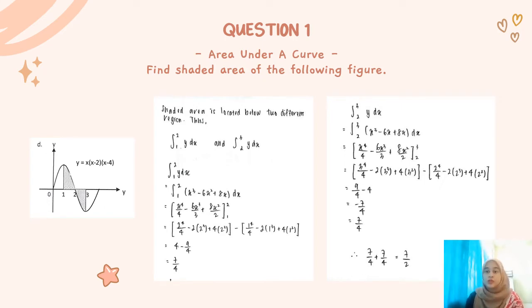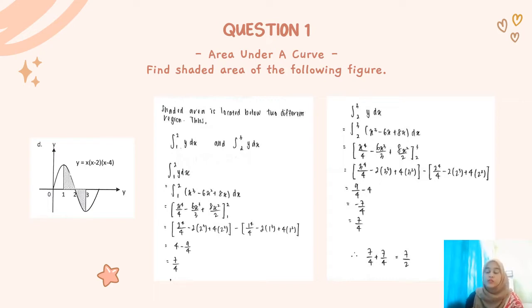After we substitute the value of 2 and 1, we settle the calculation first. We add what we must add and we minus what we must minus, just to make sure that we are not making a silly mistake that leads us to lose marks on a simple calculation. As a result, for the first shaded area, we got the value 7 over 4.